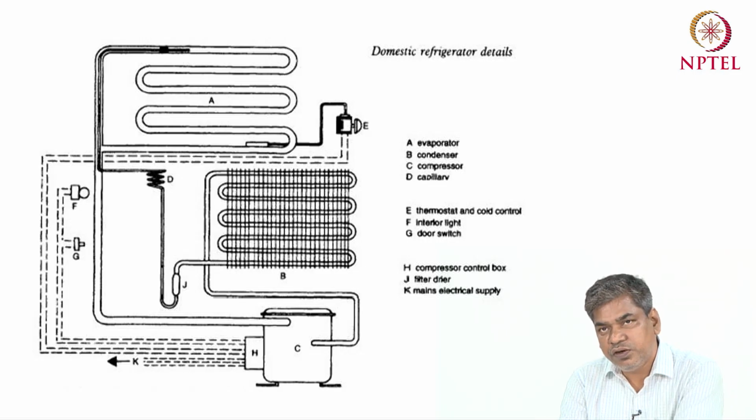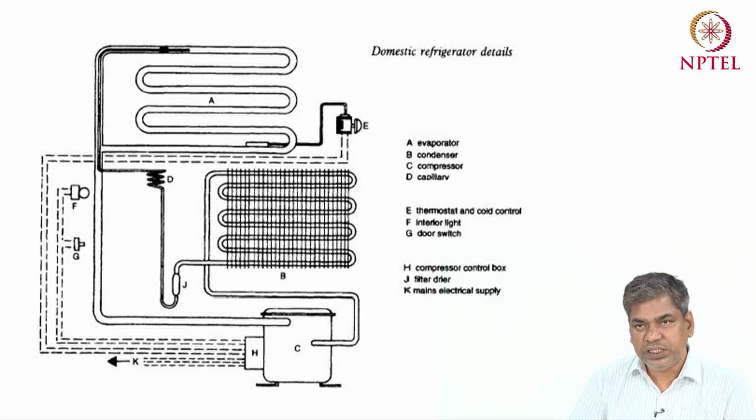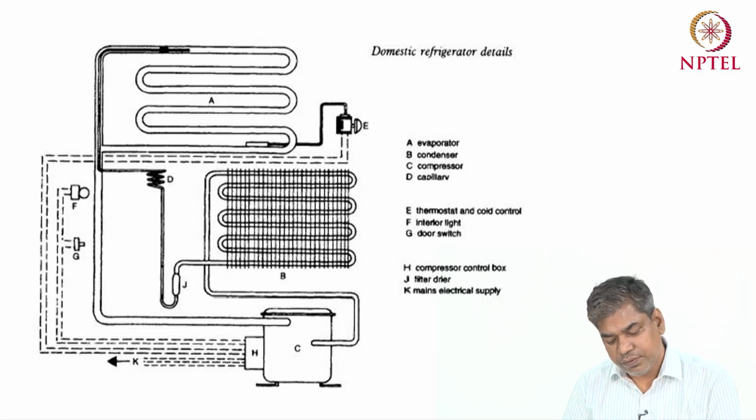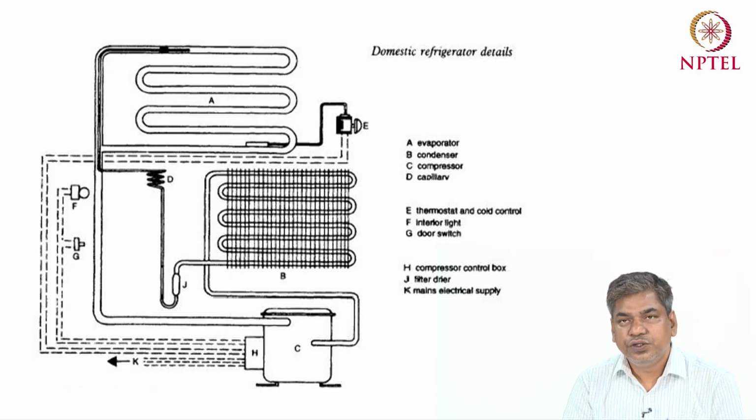But because we are using the capillary tube, this is the fixed restriction type, so the mass flow rate cannot be changed. But we can turn the system on and off to control the overall output from this system. Okay, so this is the general layout of a household refrigerator.